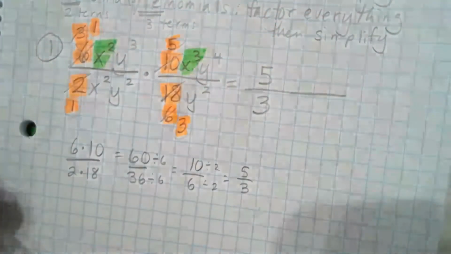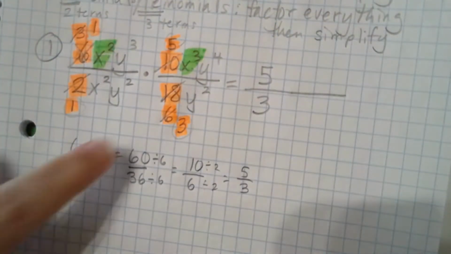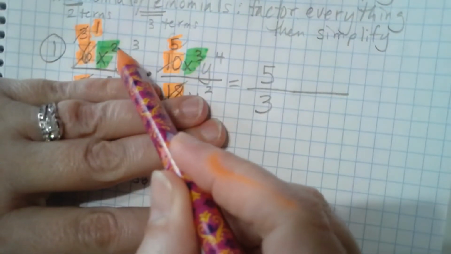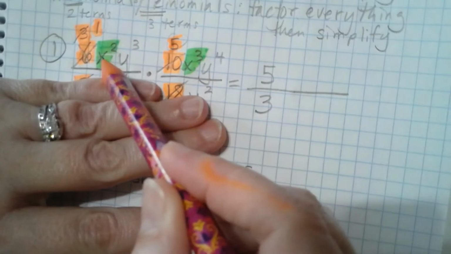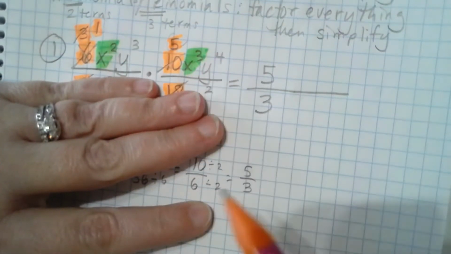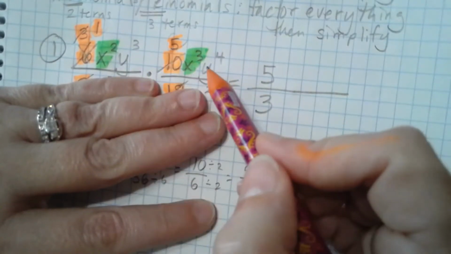So I see in the numerator here I have an x squared and an x to the third. Okay, so when I multiply those together, remember this is x times x, 2 x's, and over here we have 3 x's, x times x times x. So how many x's does that make in all?